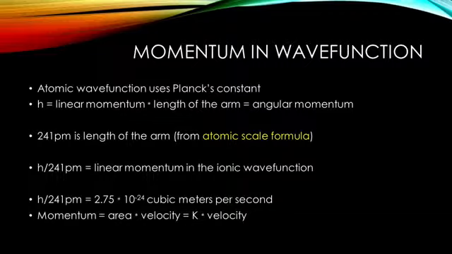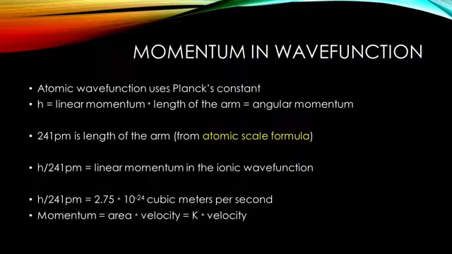Now, the momentum in a wave function is important, as I was saying, in that energy levels in atoms change by multiplying the momentum times the velocity property of a photon. And the atomic wave function uses Planck's constant. It's a linear momentum multiplied by the length of an arm.